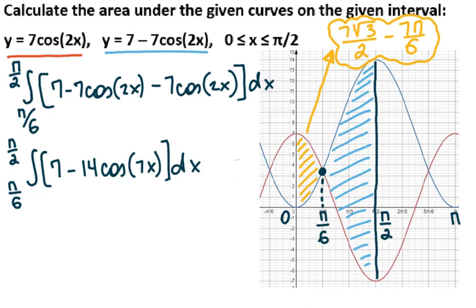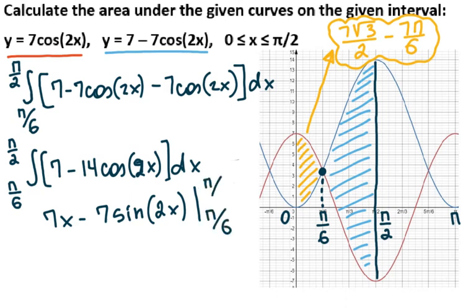Taking the integral of this part will give us 7x minus 7 sine of 2x, and the integration limits are pi over 6 and pi over 2.